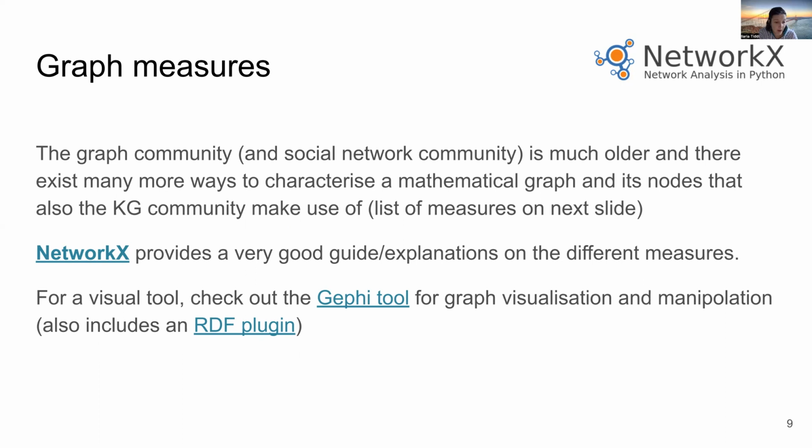As we said, NetworkX, the Python library, provides a very good explanation of the different measures and a number of algorithms to perform manipulation over these graphs. If you are looking for a visual tool, you might also want to check out Gephi, which is a tool for graph visualization and manipulation, which also includes an RDF plugin in case you might be interested.